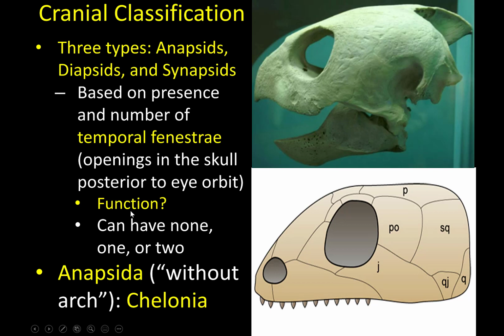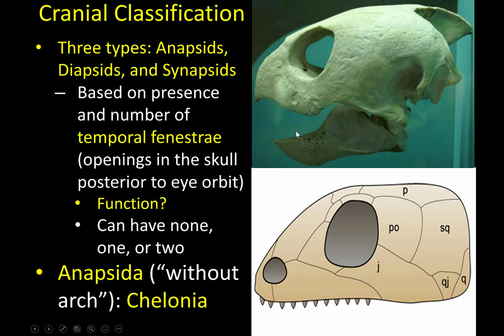Now, what is their function? There's still some debate about this. We're not 100% sure, but it appears that these openings in the skull evolved to create more room for jaw muscles. All right? So if you want to have a really powerful bite, you're going to have to attach a whole lot of muscles to your lower jaw, so when it pulls shut against your upper jaw, it closes strongly.